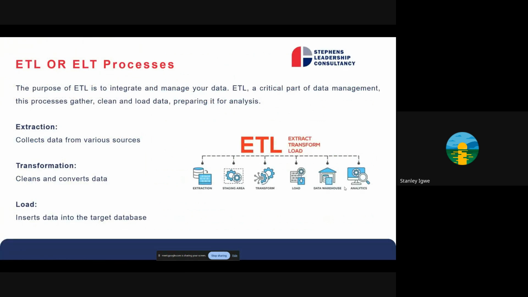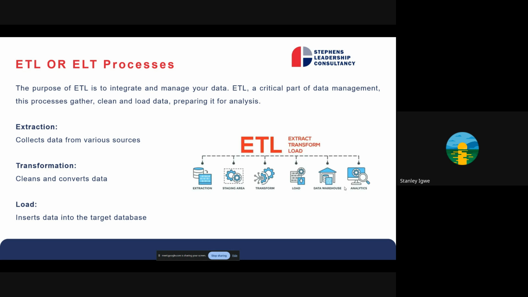And then there's something known as the ETL or ELT process. This helps because when you're designing your model, you also need to know how the data comes in, how you plan to transform the data, and how you plan to load it into a database. And something that has happened recently is that most cloud-based technologies or databases have switched from ETL to ELT.